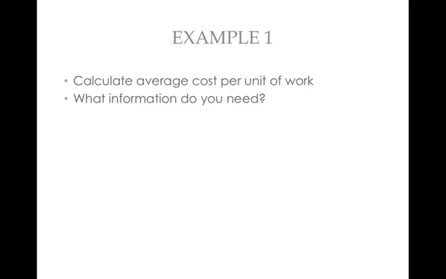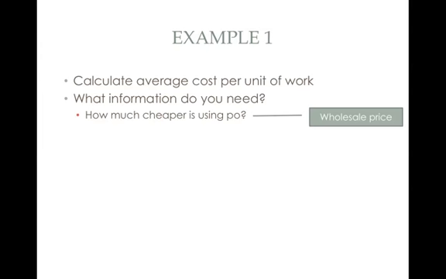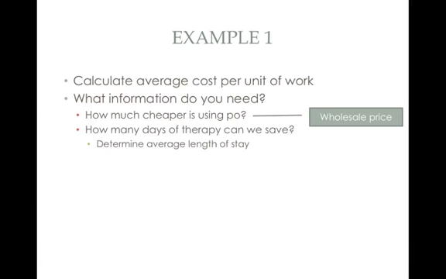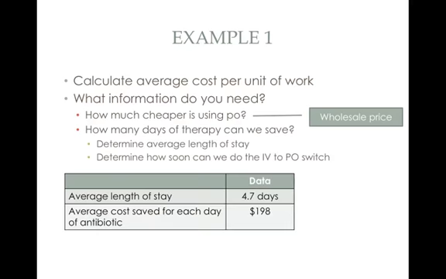Next, we need to find the average cost per unit of work. So, how much cheaper is PO than IV using the wholesale price, and how many doses or days of therapy can we save? With the average length of stay in our hospital being 4.7 days based on hospital data, the guideline says we can only make a switch after 24 hours of IV therapy.